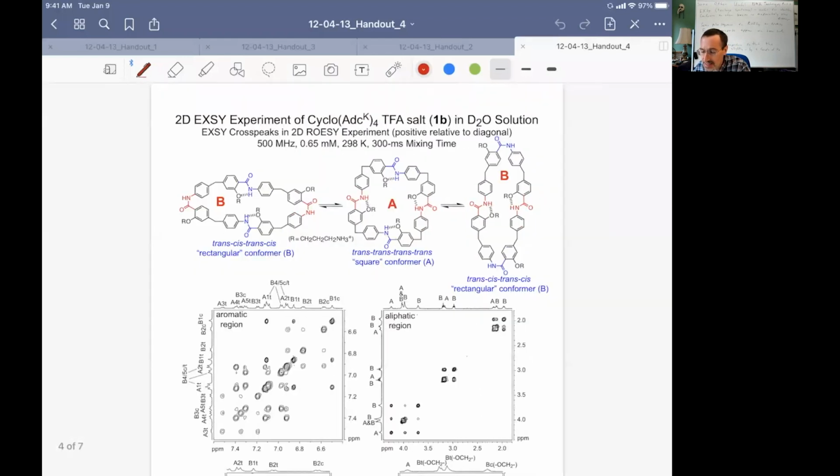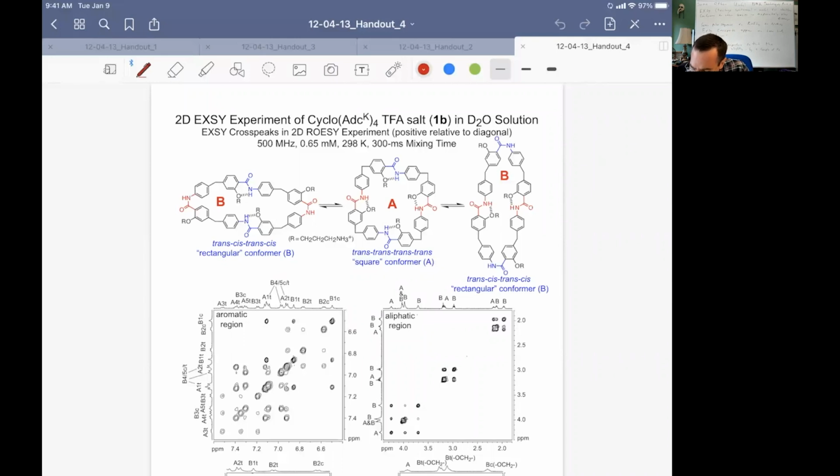So he did an EXSY experiment, and here's a slide from the work. So basically, we saw 2 sets of resonances, and I'm just going to focus in on one region of the spectrum. I think that's enough for us to look at here.